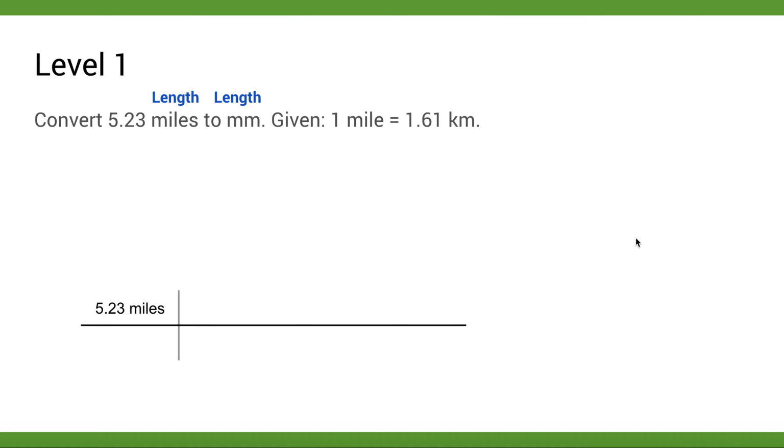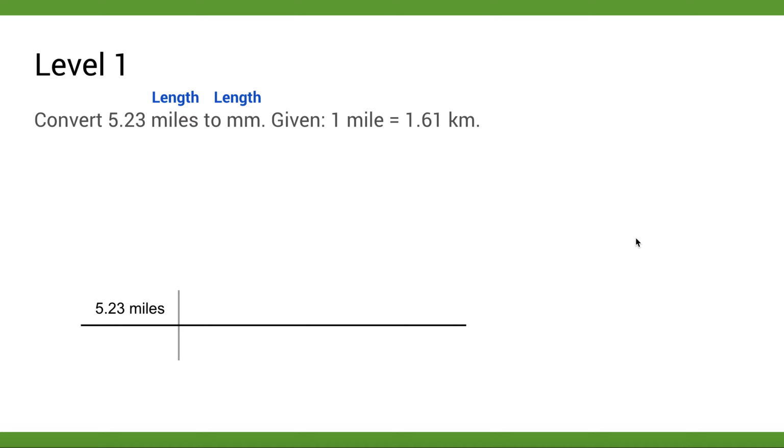So we will start by having the 5.23 miles in our calculation. This is fairly easy because that's the only number that you are given, and we start from a length and we end with a length. As we analyze this question, we ask, how are we going to change the units? What's the path? What can we change from miles?